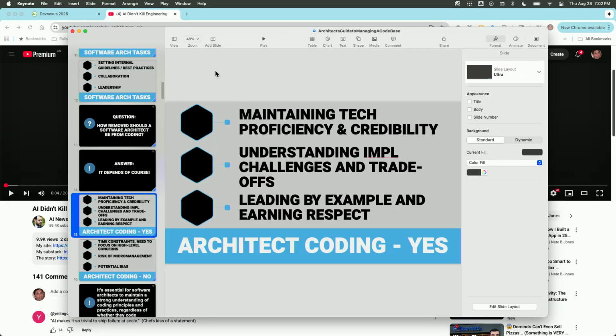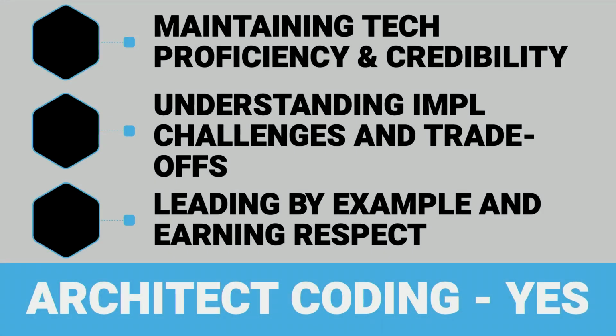and talk about, speaking of coding, why architects should code, right? So Christoph touched on the first point here: if you're an architect and you don't code, or at least have a really, really good and deep understanding of coding practices and what's the latest stuff coming out in Java 25 or whatever, you won't have credibility, and you won't have the proficiency to be able to make informed decisions which are good for your team.